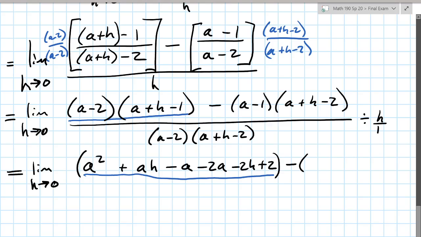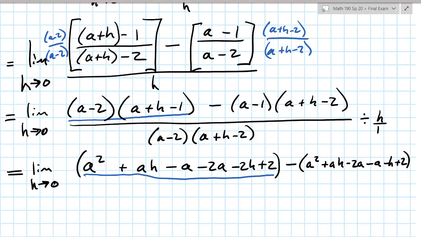This next set of parentheses, I will keep parentheses because I don't want to have to distribute in the same step. So now we have a squared plus ah minus 2a minus a minus h plus 2. So there, that is my second set of parentheses.